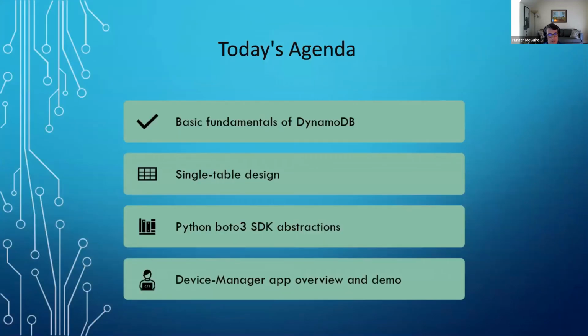So today's agenda, what we're going to be covering: the basic fundamentals of DynamoDB. This is not really a DynamoDB deep dive. It's more interacting with DynamoDB in Boto3 Python. So we'll be discussing basic fundamentals, single table design, and that's the paradigm that I was talking about that some of the people that work with DynamoDB and some of the community have come up with, a really cool way of accessing your data and modeling your data.